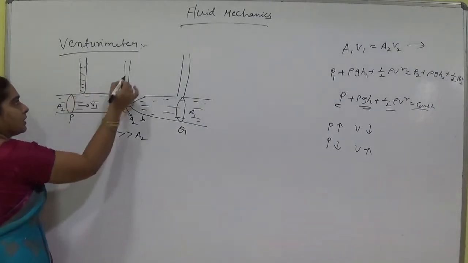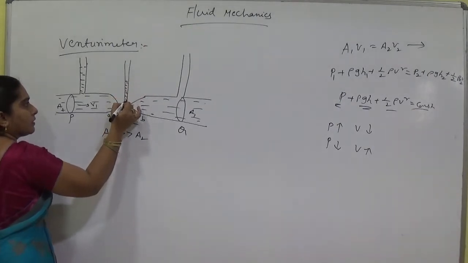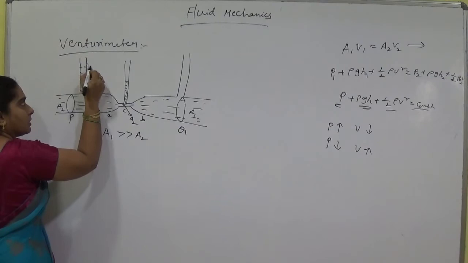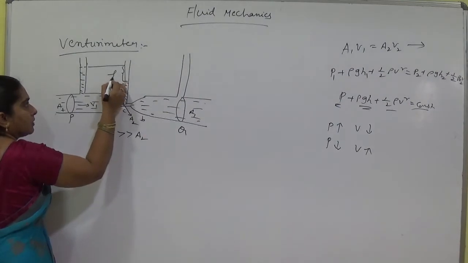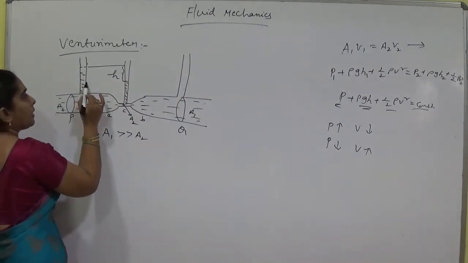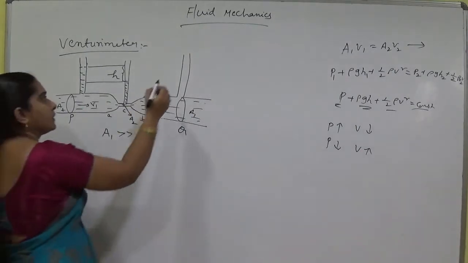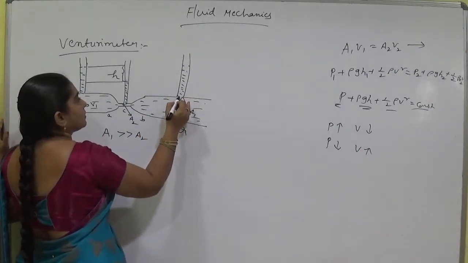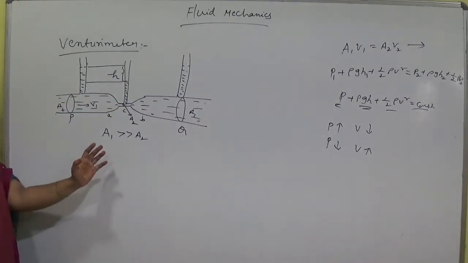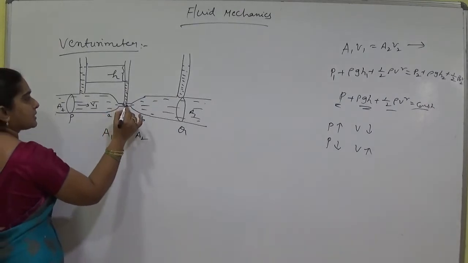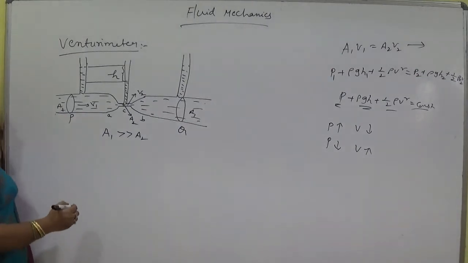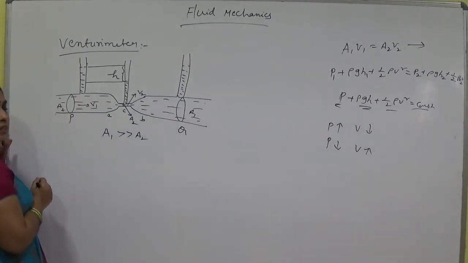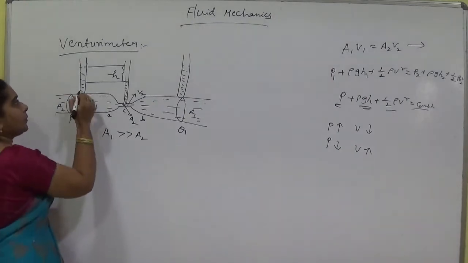Let H be the height of the liquid column difference. Let V1 and V2 be the velocities, and P1 and P2 be the pressures.